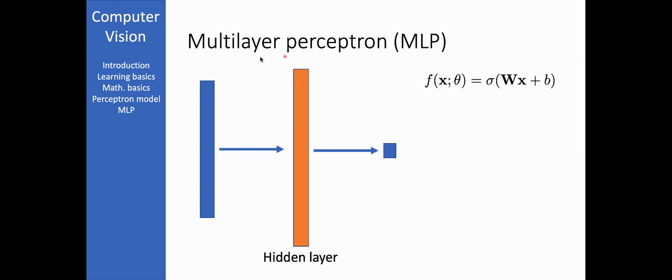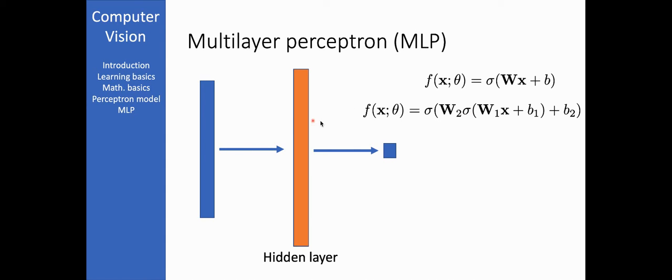Now, the function for this architecture, or for this neural network, is written like this. First, I have the first layer that takes the inputs x, multiplies with certain weights, adds the bias, feeds it through the nonlinearity, and repeats exactly the same thing with the following layer.